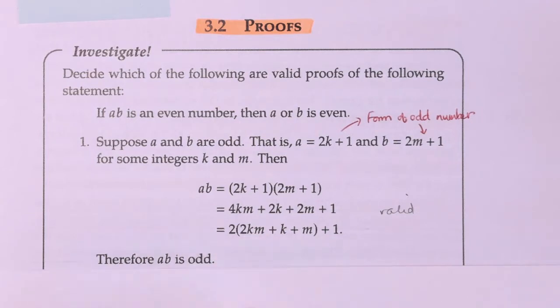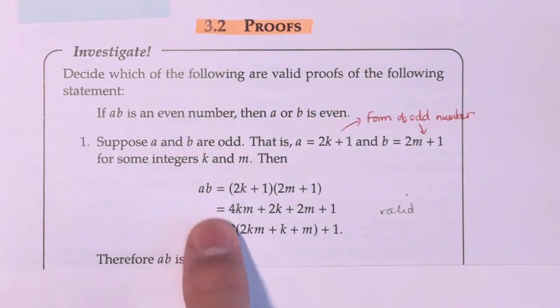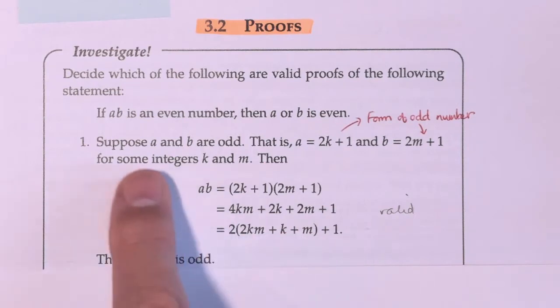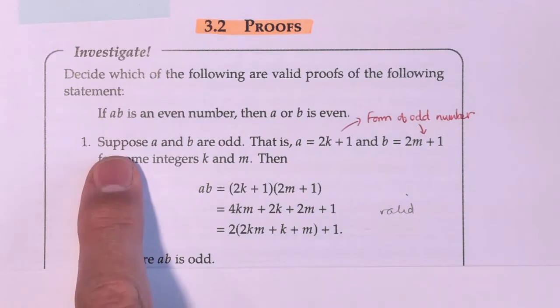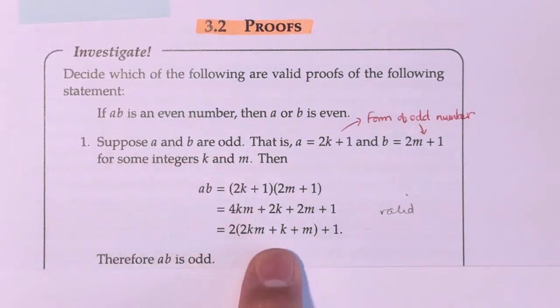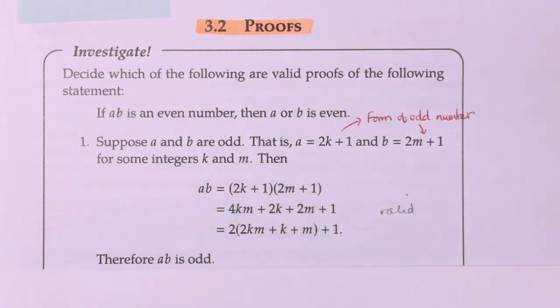So we said that we're assuming the product is odd, and we proved something about that. That indeed the product will be odd if both the numbers are odd. Okay? So the product is indeed odd.